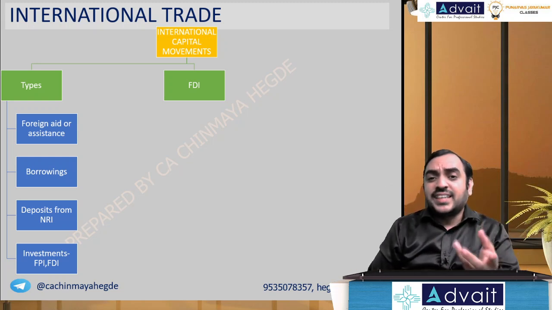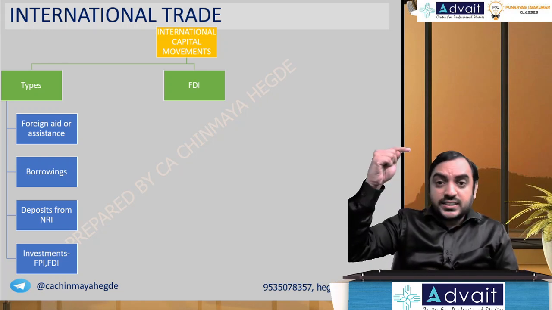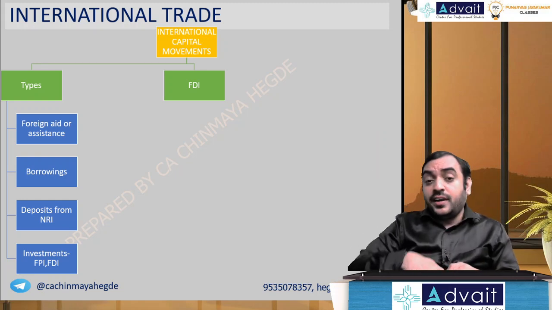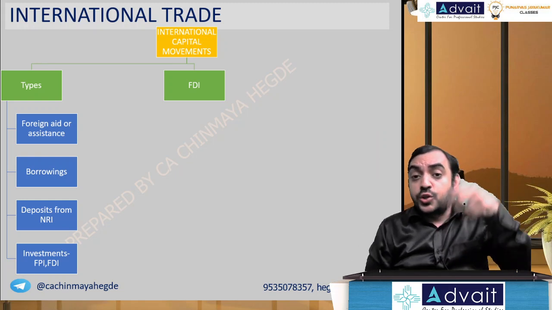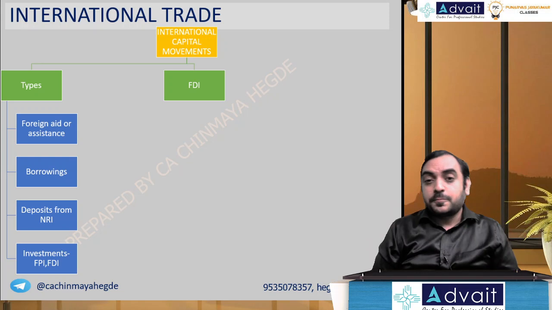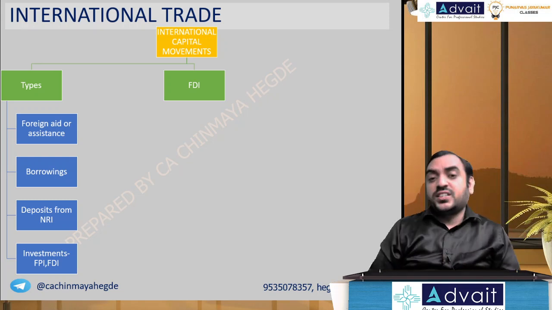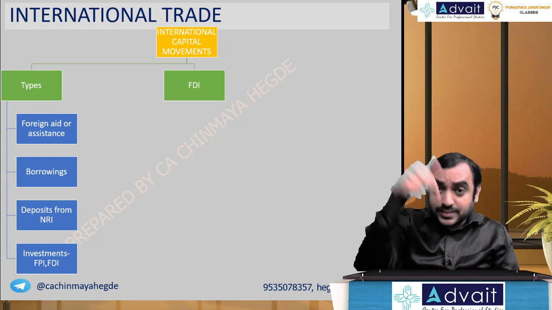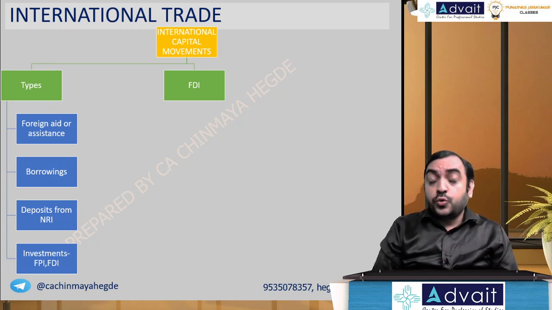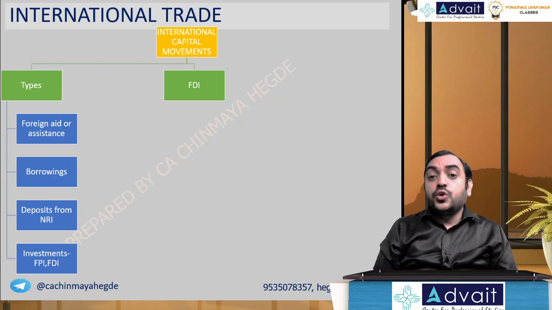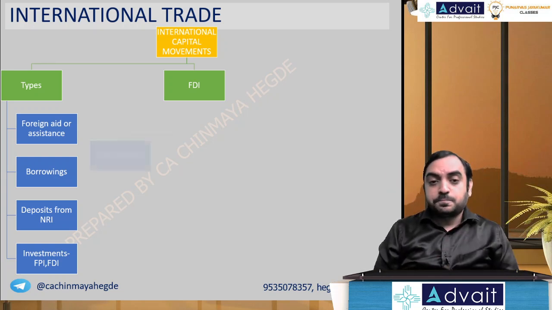Examples are Microsoft. Microsoft is a US company. It has come to India and they started Microsoft India Private Limited or something. So who are the owners, the shareholders of Microsoft? US people. Where do they have the business? In India. Who is controlling this? US. Who is managing it? US persons. That is FDI.